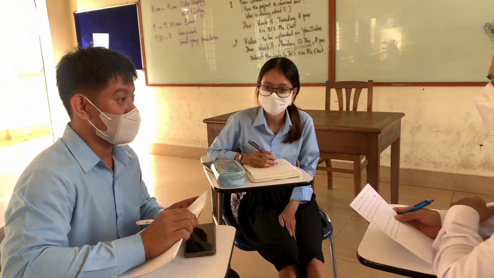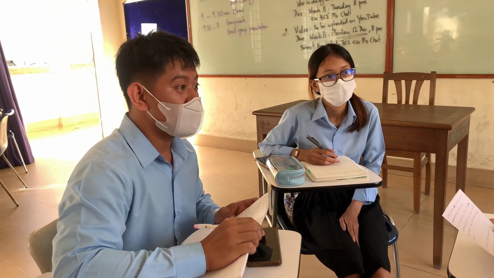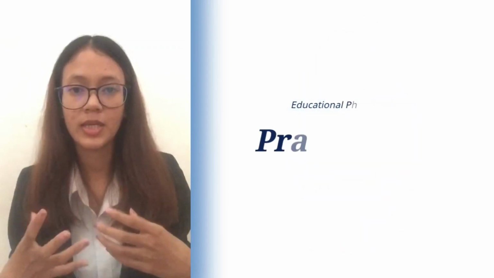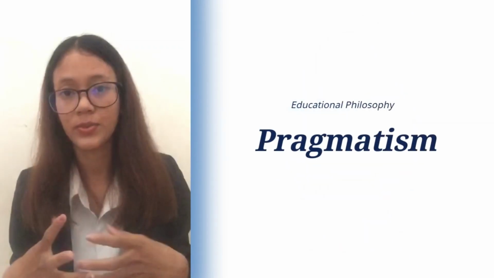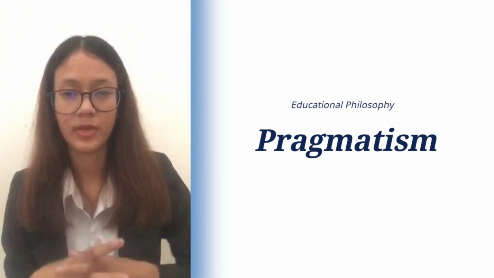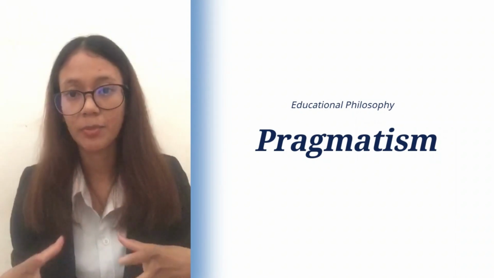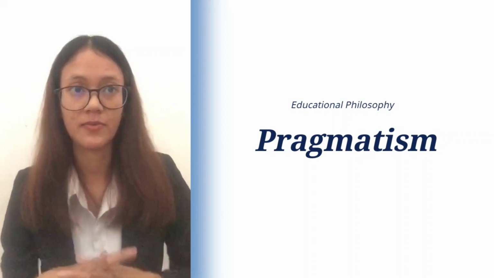So as you guys have already known, there are 5 main philosophies when it comes to education, as well as the 5 main theories. So when it comes to progressivism theory, this theory is actually influenced by 2 educational philosophies. First of all is the pragmatism philosophy.